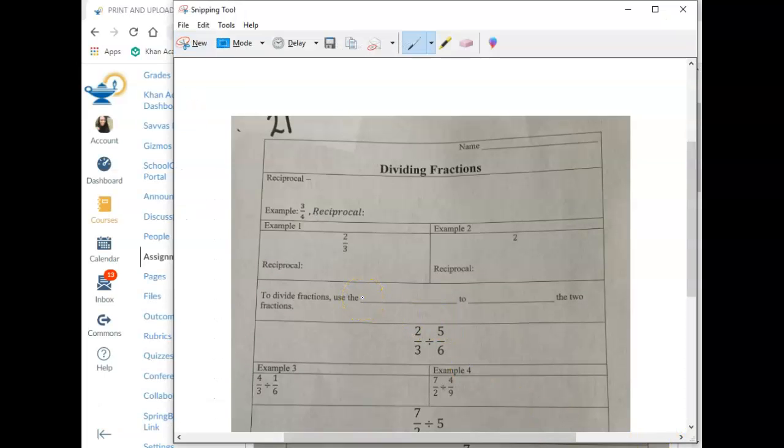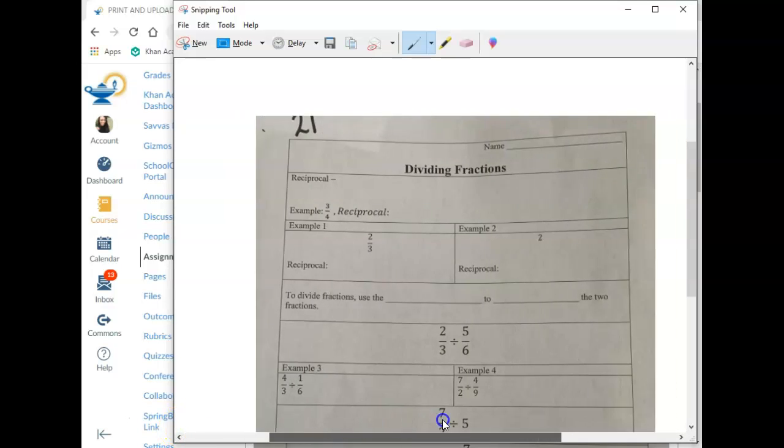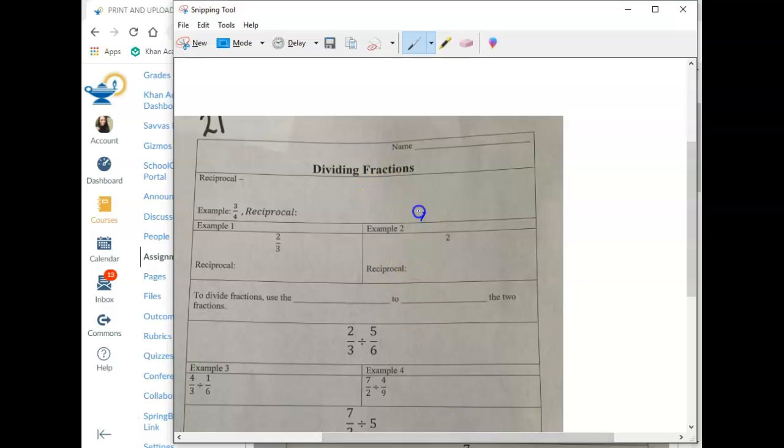Okay, so the reciprocal just means the flip of the numerator and denominator.